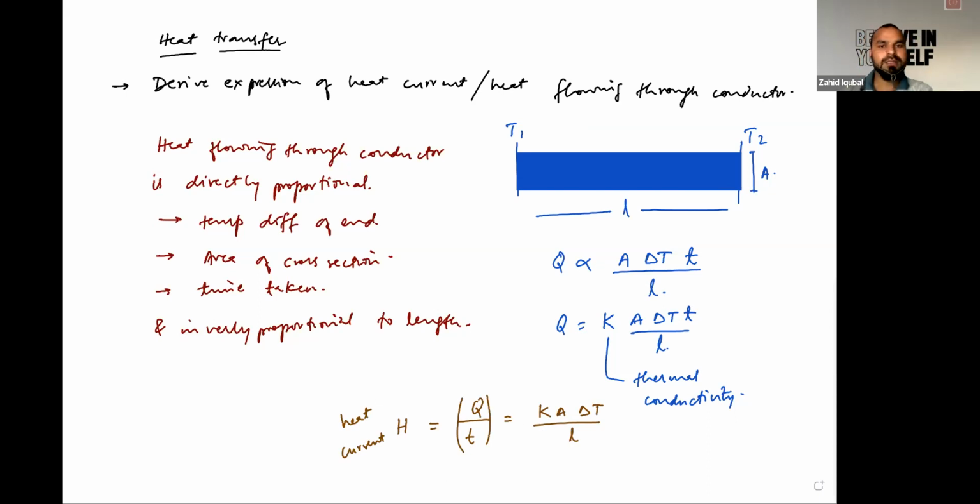Now from this part, you'll be asked numericals to find heat current, temperature difference, temperature gradient, and different parts from this segment.